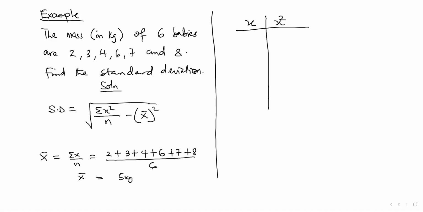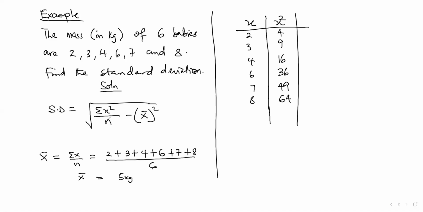Okay. Now for the standard deviation, we need to put values inside a table. Our x is 2, 3, 4, 6, 7, 8. Our x squared means squaring your x. So we have 2 squared being 4, 3 squared 9, 4 squared 16, 6 squared 36, 7 squared 49, 8 squared 64. Okay.